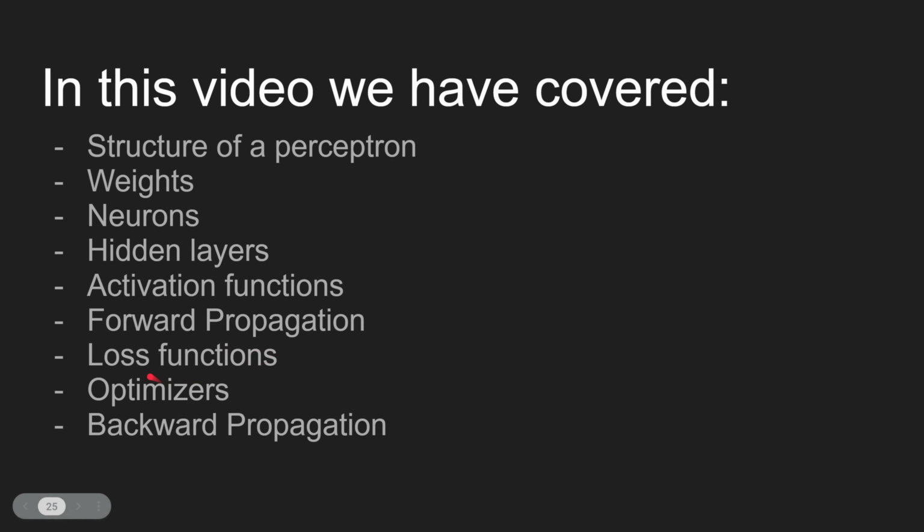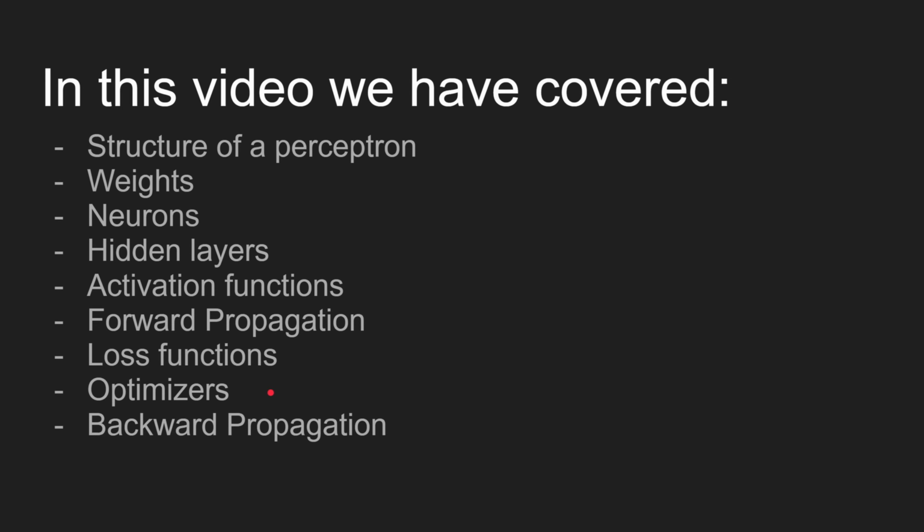For our loss function we did actual value minus predicted value. And optimizers, we talked about gradient descent, but there are a lot of other ones, right? And the most common ones that you actually see are stochastic gradient descent and the Adam optimizer.